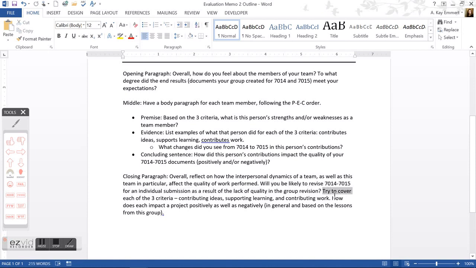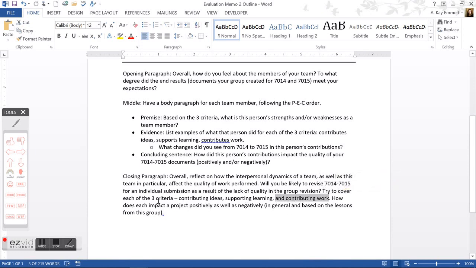And then try to cover in your closing paragraph each of the three topics. How did the group's ability to contribute ideas affect the overall project quality? How did the group overall in supporting learning affect the project quality overall? And then how did everyone's ability to contribute work affect the quality overall?